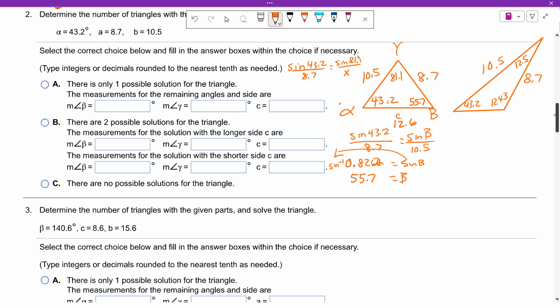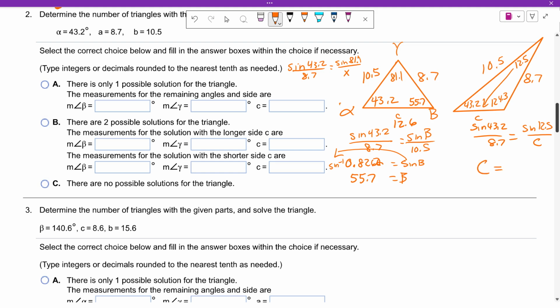Now you're going to do the same thing over here, but with different numbers. The sine of 43.2 over 8.7 equals the sine of 12.5 over C. Opposites, because C is down here. Okay? So 8.7 times sine of 12.5, press equals, divided by the sine of 43.2, press equals.